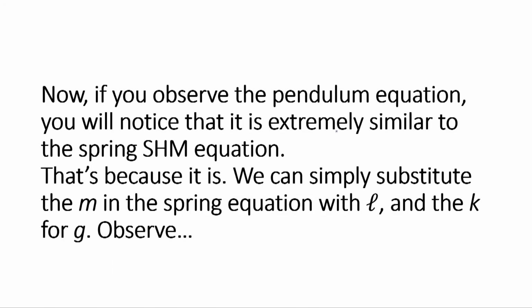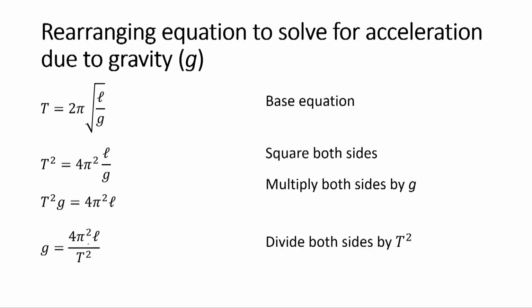So we can substitute and pretty much exchange some terms here. We swap out the M in the spring equation with our L for pendulum, the length of the pendulum, and the K, the spring constant, in exchange for the acceleration due to gravity. So observe.